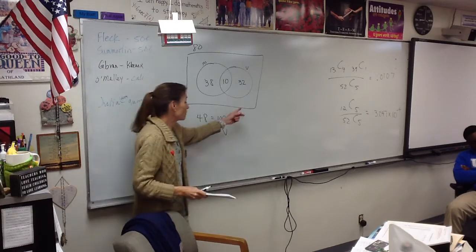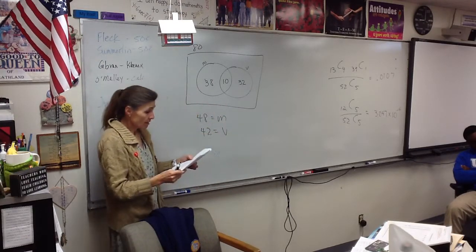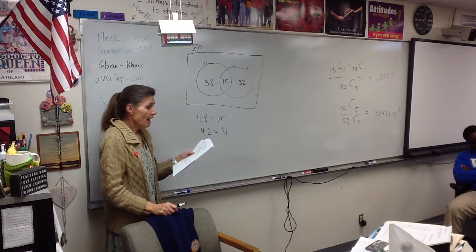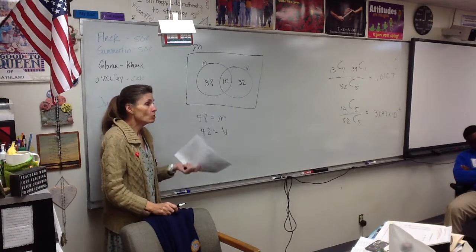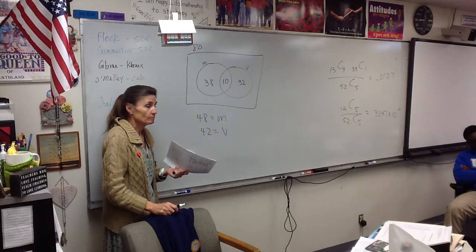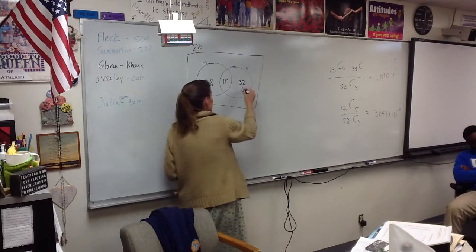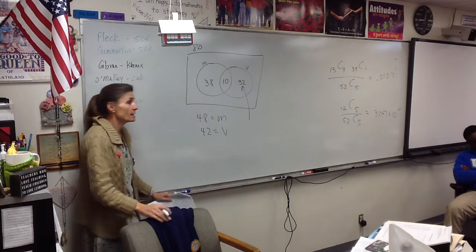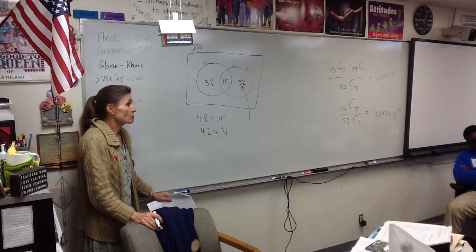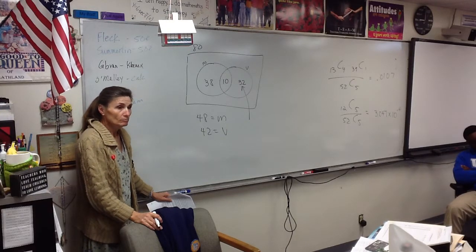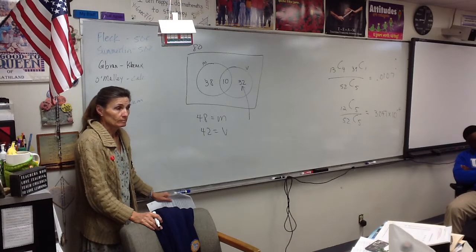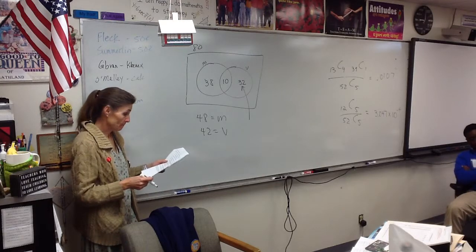We don't have anybody out here. Now, what was the question? How many like only vectors? 32. That would be these guys right here, right? They like only vectors. So the answer would be 32. Okay?